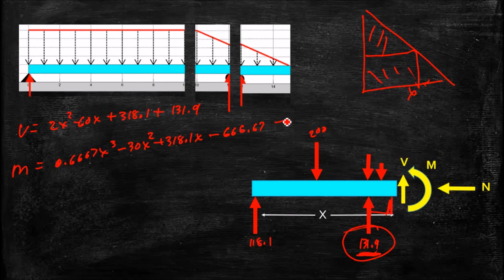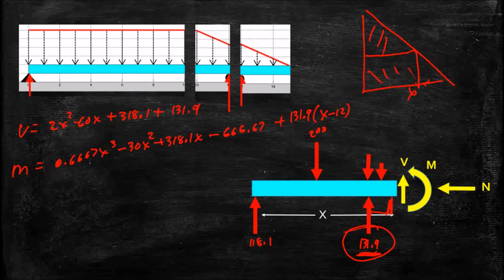So I'm going to say plus 131.9 times that distance, which is just x minus 12. And that gives me the equation that I need for this section, where x is between 12 and 15, which is a section after that force is applied.